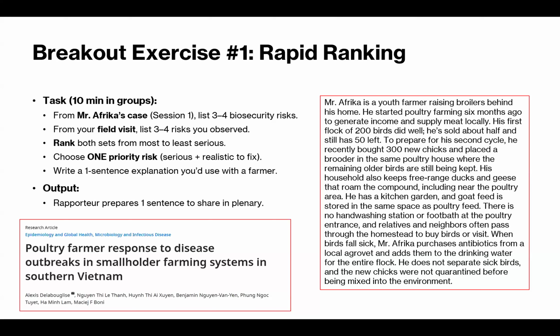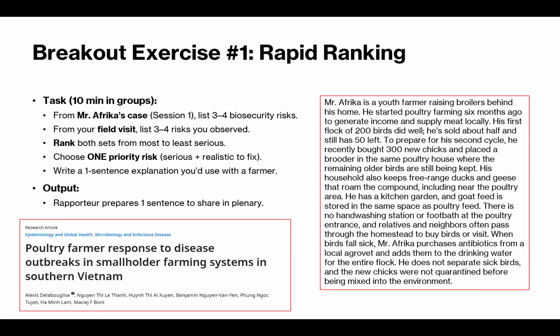In this way he avoids the animals getting sick together, giving antibiotics carelessly and infecting the animals that are not sick, and he also separates them from outside contact with people and other animals.